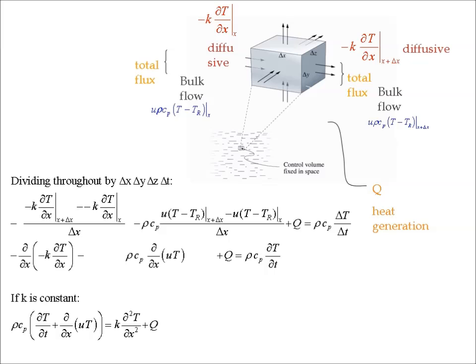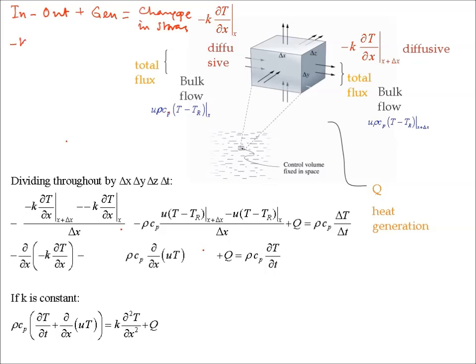Okay, so we are going to now just complete the algebraic simplification. So you recall that this is the equation where we plugged everything in: in minus out plus generation equal to change in storage. And one of the terms, let's just take the conduction term.